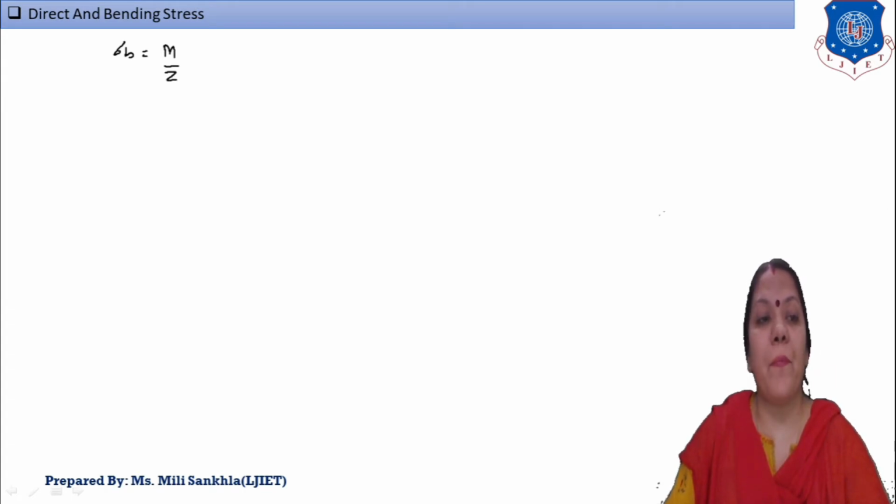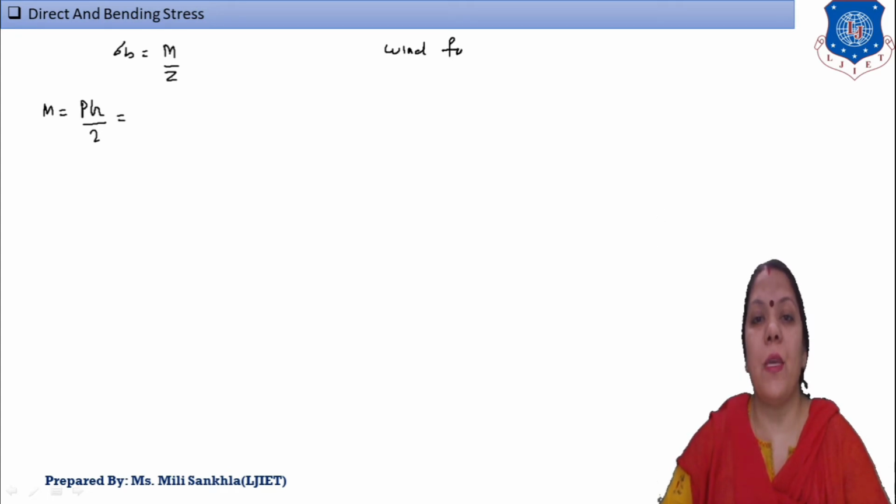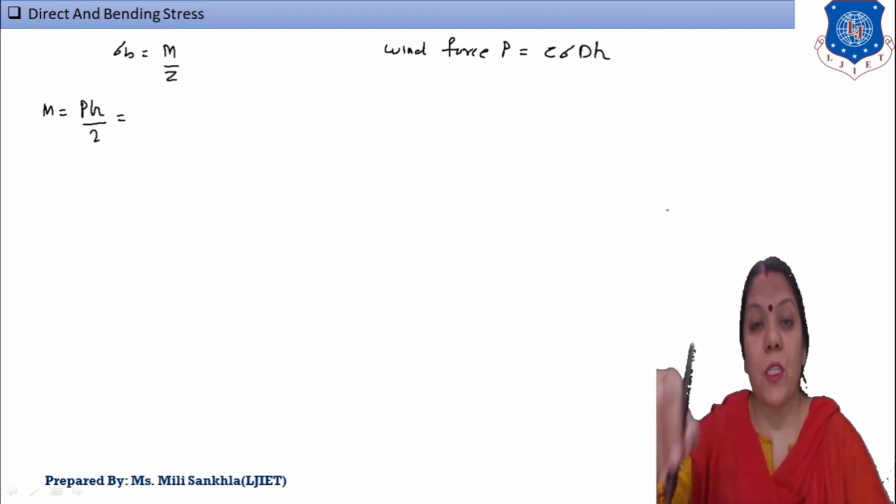Now what is M? M is equal to PH by 2, where P is our wind force, and wind force P is equal to C sigma capital D and H, because wind force acts on the outer surface of the chimney.